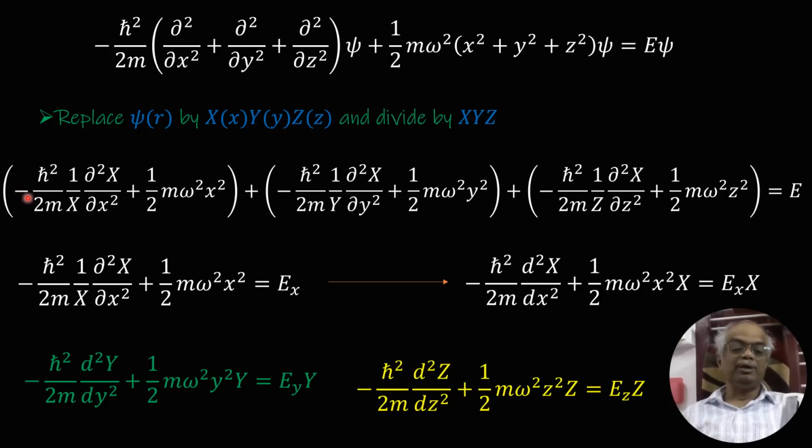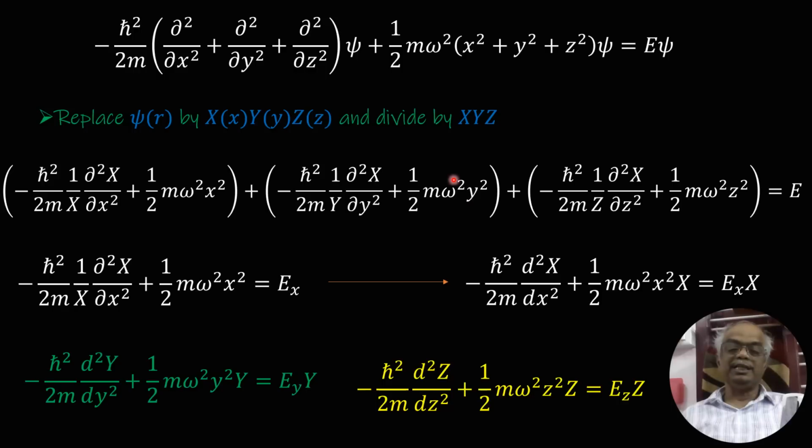So this becomes minus h cross squared over 2m, 1 over capital X, d squared X over dx squared, plus 1/2 m omega squared x squared. Because you are replacing psi by XYZ and dividing by XYZ, the right-hand side also changes. In the first term, if you divide by XYZ, only X is retained and YZ get cancelled.